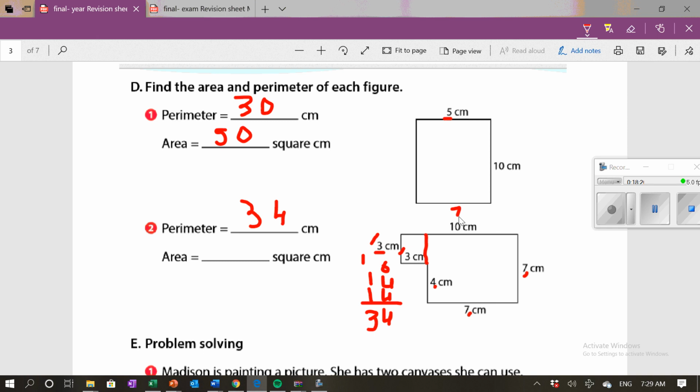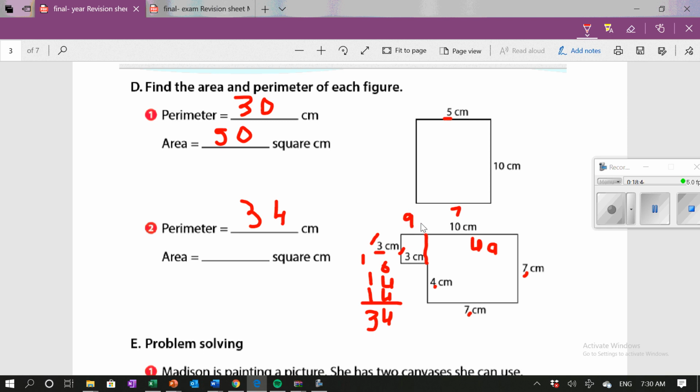The area for the square is 7 multiplied by 7. And here I have another square, 3 and 3. So the first area, A, is 7 multiplied by 7, equals 49. And for the next, 3 multiplied by 3, it will be 9.